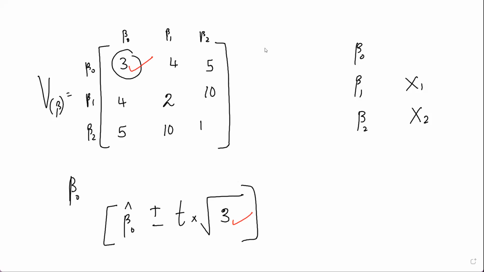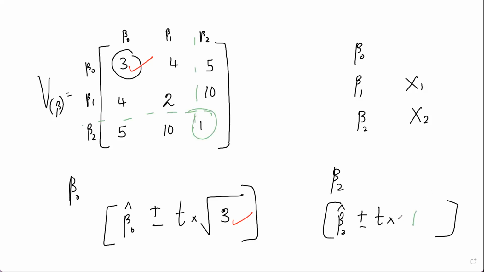If you are asked to write the confidence interval for beta 2, you know how to estimate this, so you can take the estimated value for beta 2 plus or minus that t statistic times the value corresponding to beta 2, this value, right?